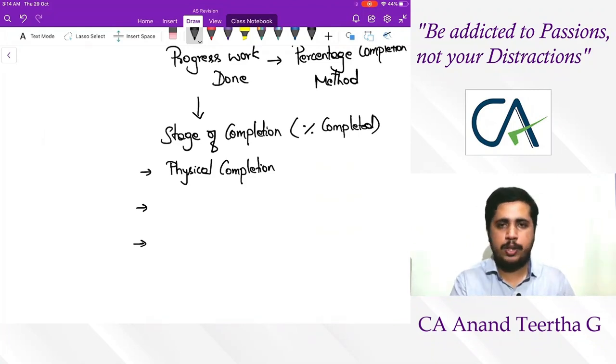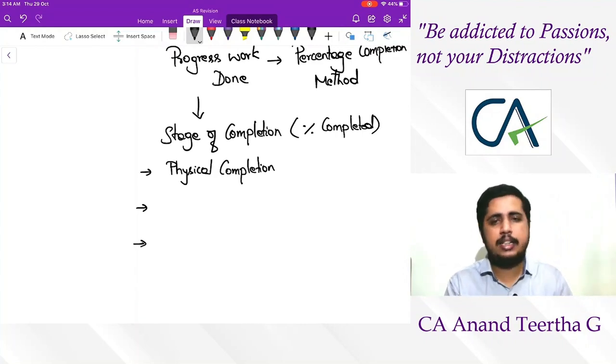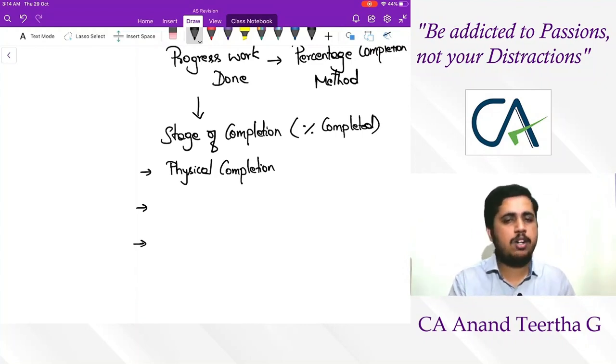Example, a 5-story building, 3 is complete, so 3 by 5. Therefore I said it's not that scientific, because that 5-story building might have different specifications. One might be very simple, one might be very complicated. Now just by physical completion, if you say this much stage is complete, it doesn't look good. So normally it's not followed.